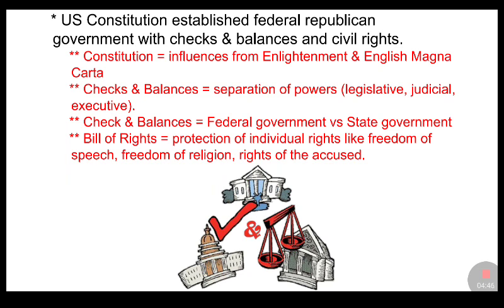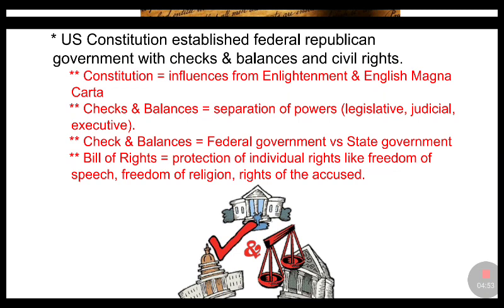Things like separating the powers into three branches, having checks and balances, having a Bill of Rights that says people have freedoms and rights and you can't take them away. So these ideas of the Enlightenment are put into reality with the United States Constitution, with the creation of the United States government.